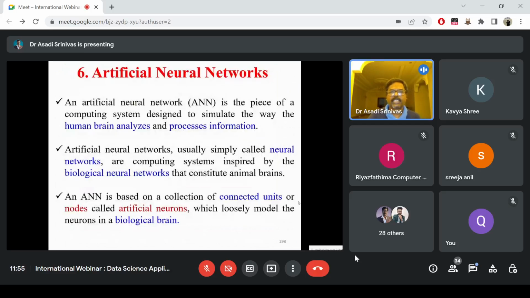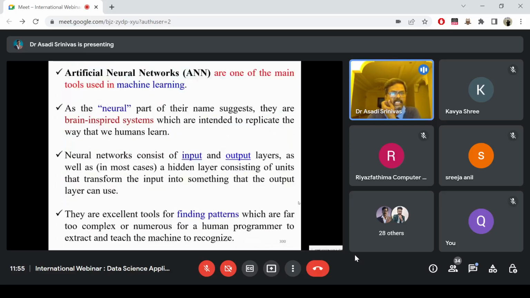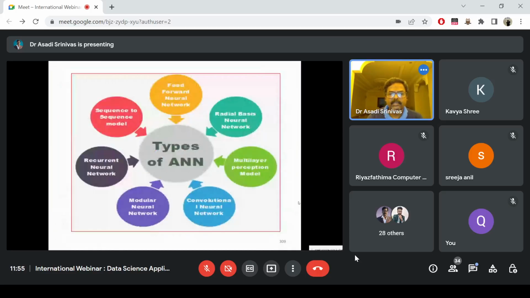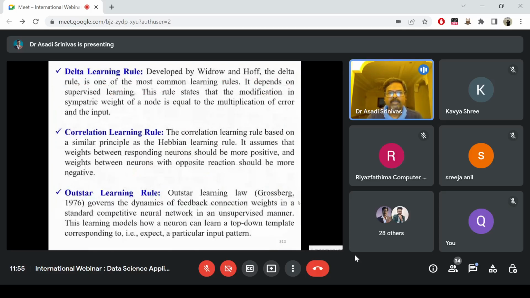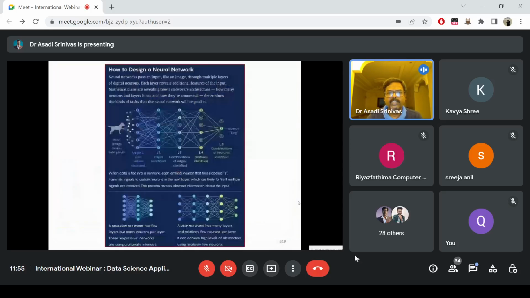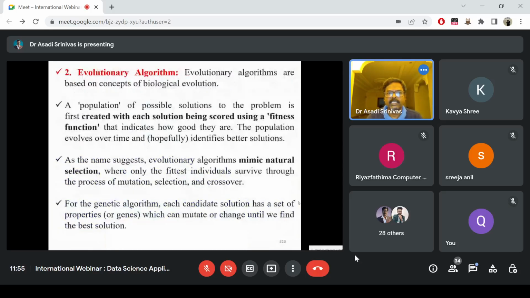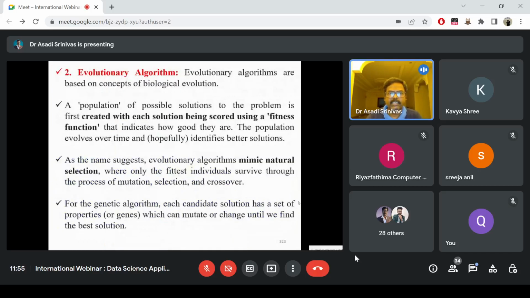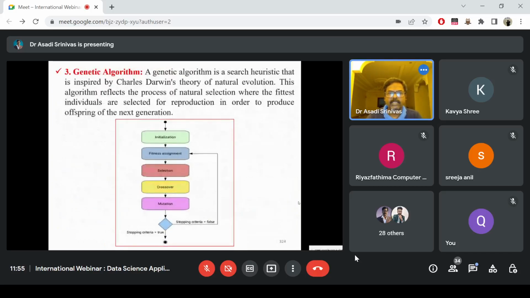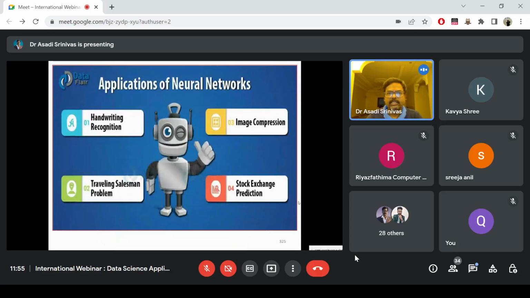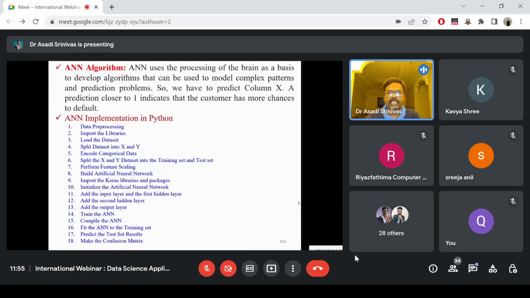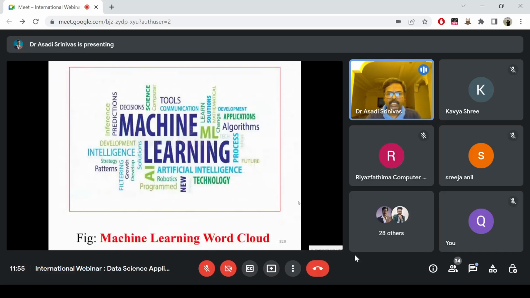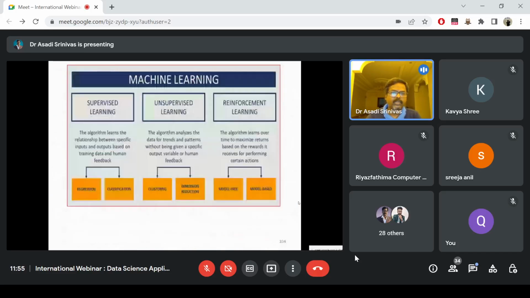Then in artificial neural networks, what tools and techniques are we using? I'm using various artificial neural network tools and techniques, three approaches especially: gradient descent algorithm, evolutionary algorithm, and genetic algorithm. These are the applications of neural networks, and now I'm showing machine learning tools and techniques.